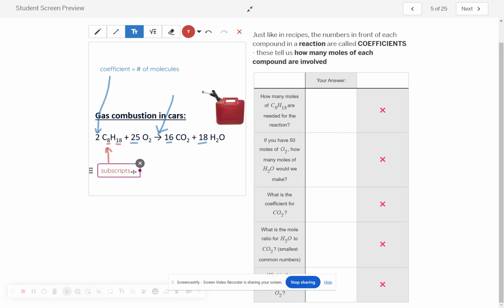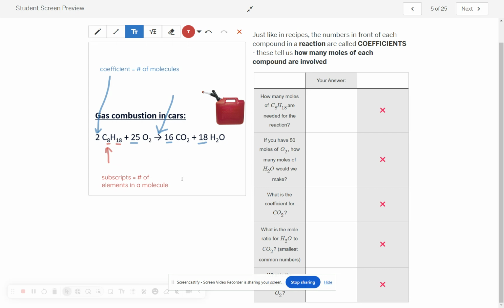So that's going to be the number of elements in a molecule. For C8H18 that we've been looking at, that means that there are 8 carbons and 18 hydrogen. And then we have 25, so remember that's our coefficient of O2, and that 2 tells us that this molecule has 2 oxygens in it.